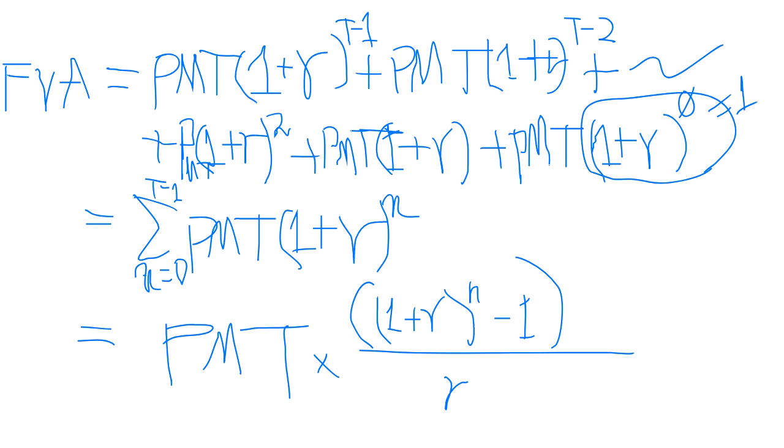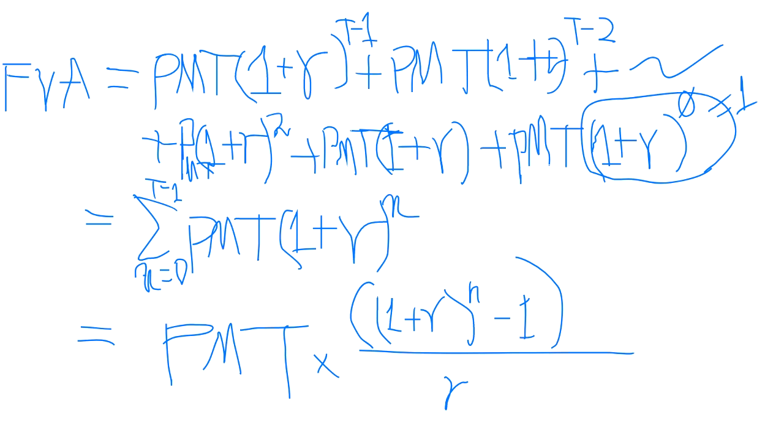This formula doesn't just drop from the sky. It doesn't pop up from thin air. There are steps of derivation. This formula is derived basically from this, and there are steps of derivation.